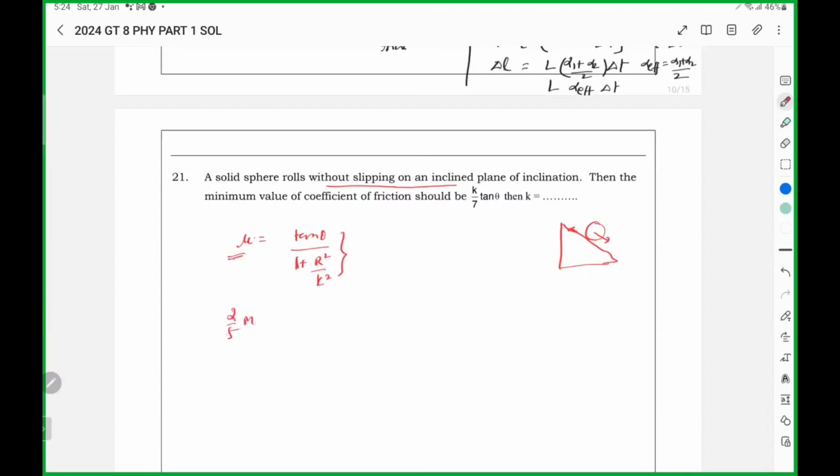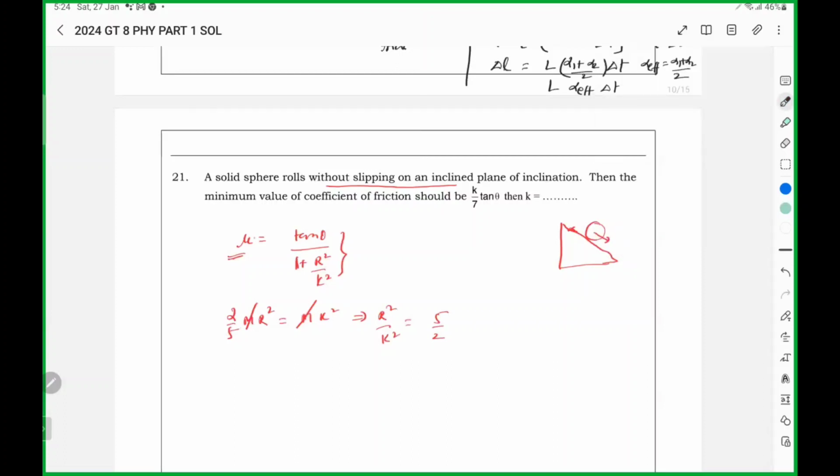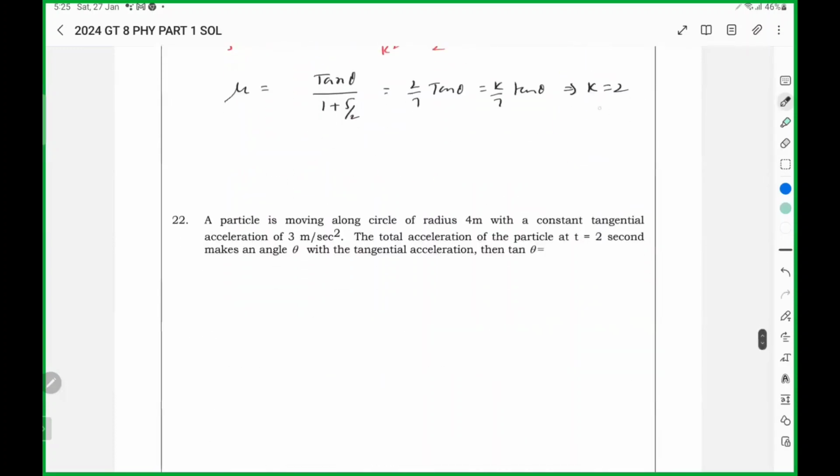For a solid sphere, moment of inertia formula m k square, radius of gyration, r square by k square is 5 by 2. So then mu becomes tan theta by (1 plus 5 by 2), that is 2 by 7 tan theta, which is k by 7. So k becomes 2. So here it is.